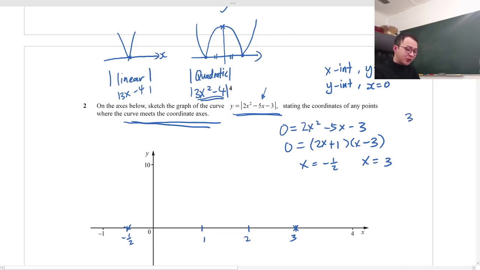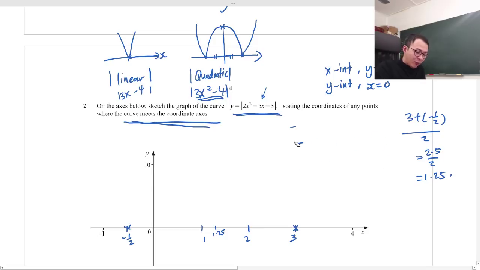You can do something like 3 plus negative half, divided by 2. So basically you will get 2.5 over 2, which is 1.25. So 1.25 will be somewhere here, just some estimation. Alright, so the next thing you will need to do is, this is 1.25, right? So yeah, just draw it. Yeah, you need the y-intercept.